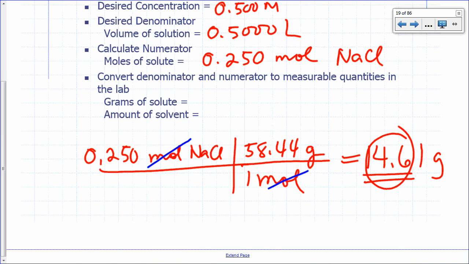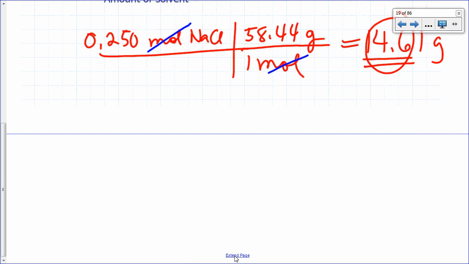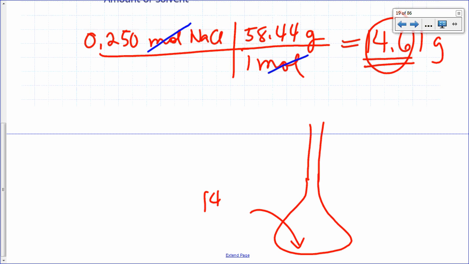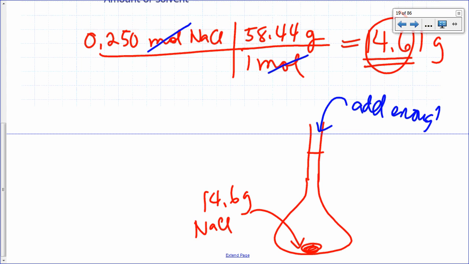So what do I do? I go to the balance, I weigh out 14.6 grams, and I put it in a volumetric flask. I'm going to transfer 14.6 grams of sodium chloride, so I'm going to have a salt here, and then I'm going to add enough water to make it 500 mils.